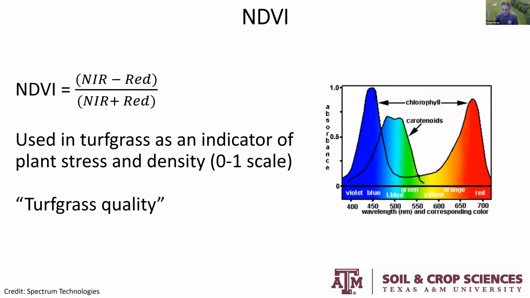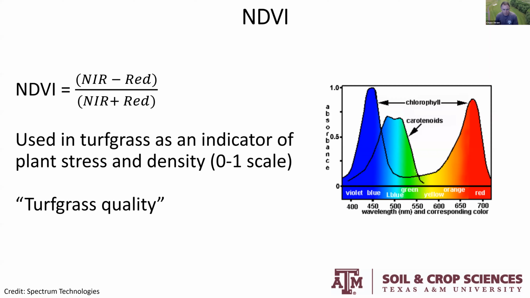The red spectrum is particularly important because that is where chlorophyll absorbs red light. By measuring these two wavelengths, we can plug them into this NDVI equation and typically get a number in turf between 0 and 1. In theory it's also -1 to 1, but in turf it's going to be 0 to 1, and you'll likely never get that close to 0.